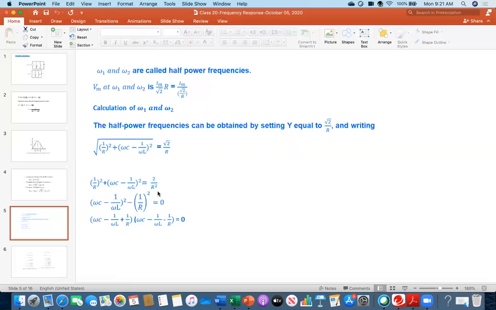So the 2 over R squared I am taking to the left side, and minus, because the 2 is going to this side, 1 over R squared. Now it is good for algebra, a squared minus b squared, so I can write this as (a plus b) times (a minus b). Everybody, could you follow me?